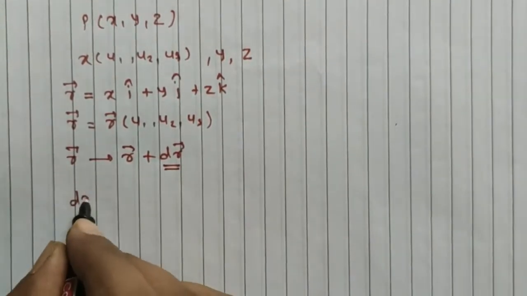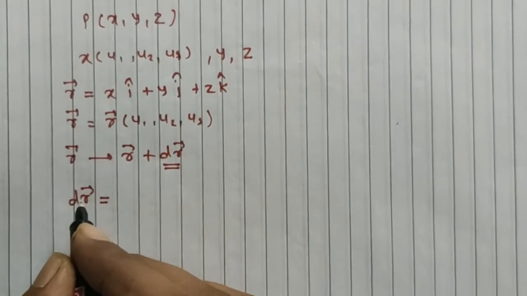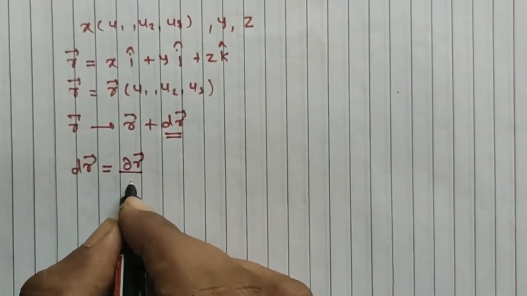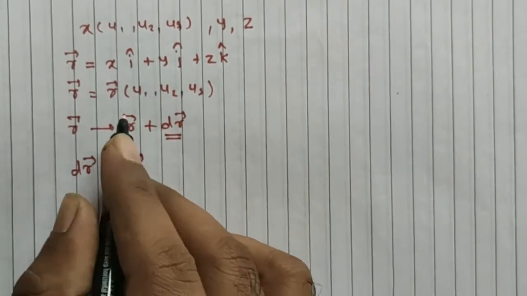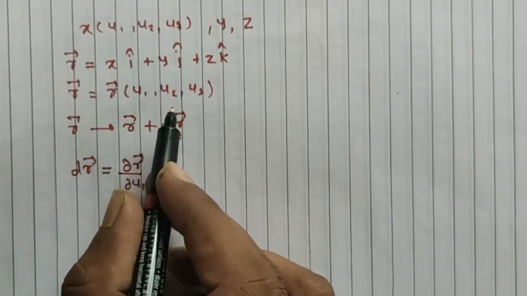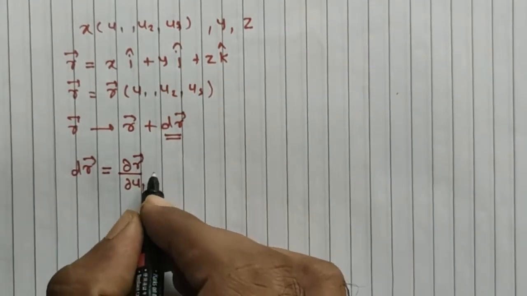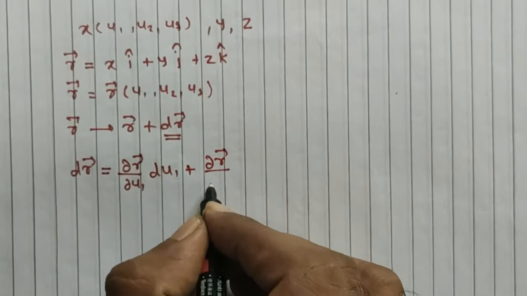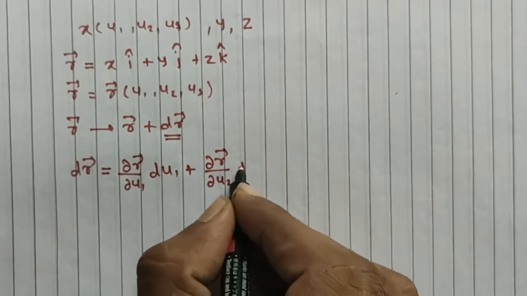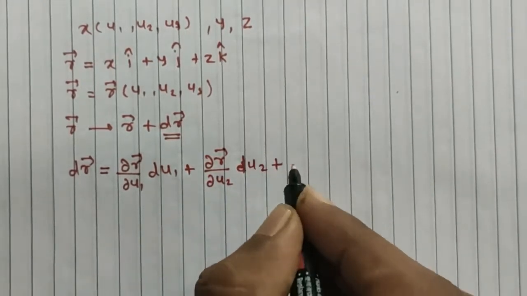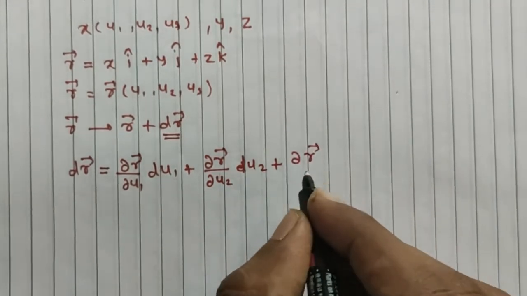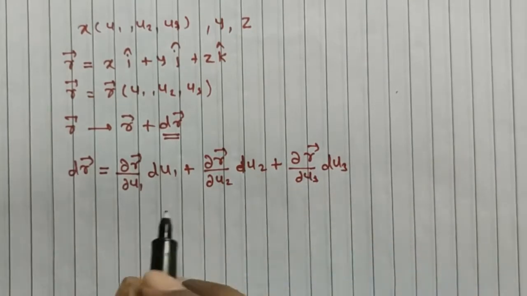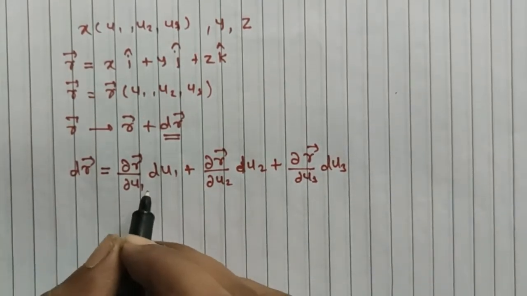I can write dr bar in terms of partial derivatives: del r bar by del u1, as r bar is a function of u1, u2, u3, du1 plus del r bar by del u2 du2 plus del r bar by del u3 du3. So I wrote the complete derivative in terms of partial derivatives.